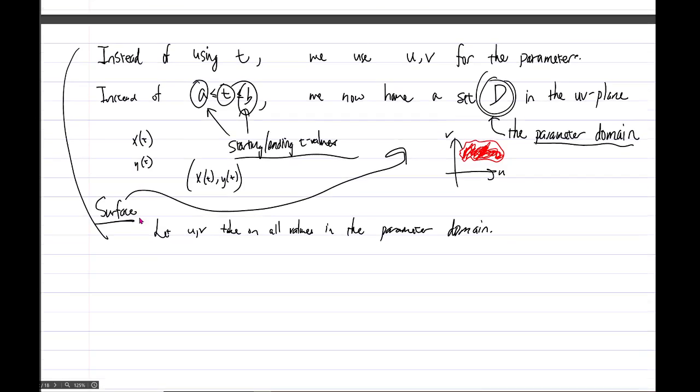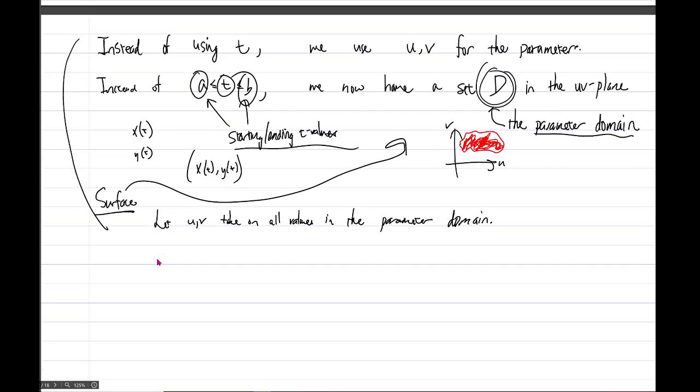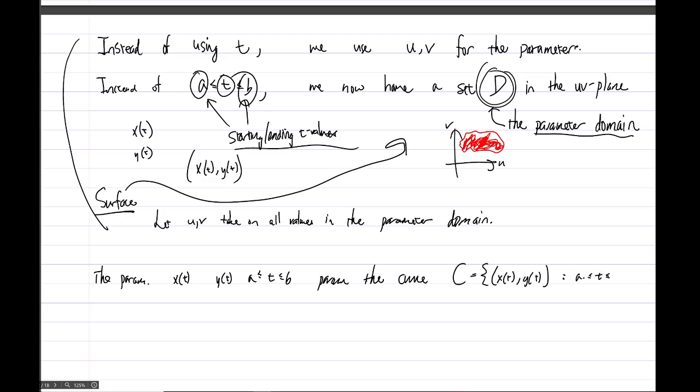I'm going to call an audible, actually, and just say it the following way. If you've seen some set notation, I've been trying to avoid it, but you might feel that this is more comfortable. So the parameterization x of t, y of t, t from a to b parameterizes the shape, the curve, capital C, equals the set of all points of the form x of t comma y of t, where t runs between a and b.